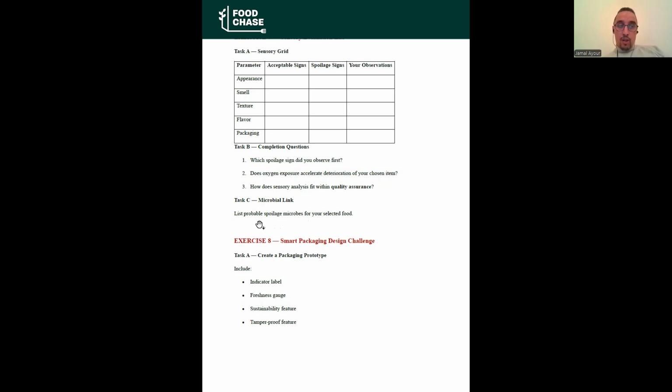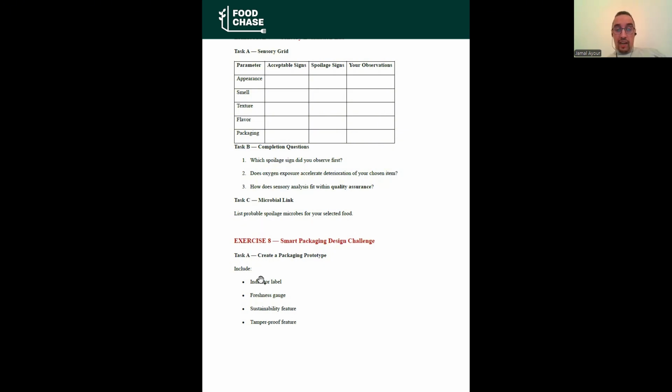For example, look at juice: the principal microbial link for juice is yeast, for milk it is Pseudomonas, and for other products like fruit, it's molds and yeast. So the objective is to give me other examples of food for this task.